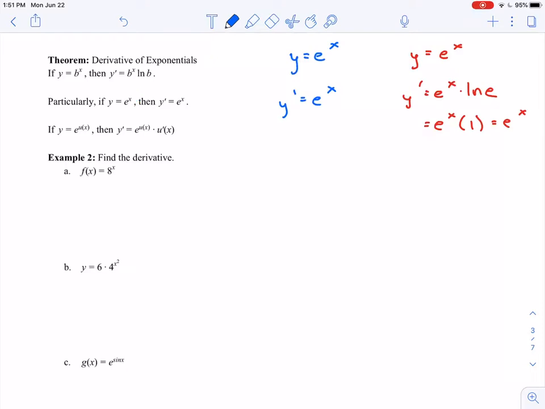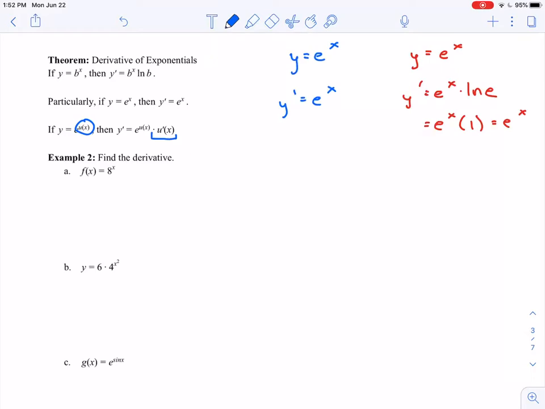But if I have y equals e to the u of x power, then the derivative is going to be mostly the same. Y prime equals e to the u of x power, so that part's exactly the same. But remember, the chain rule says we just have to multiply by the derivative of that inside part. Here in this case, the inside part is my power, so my derivative is u prime.